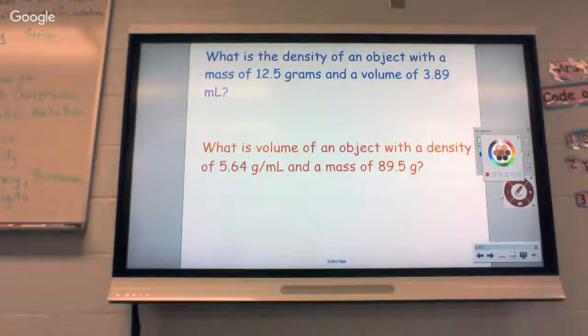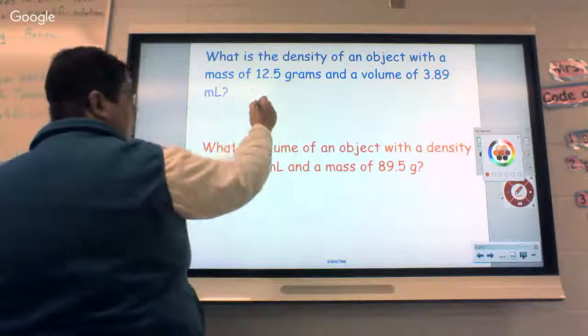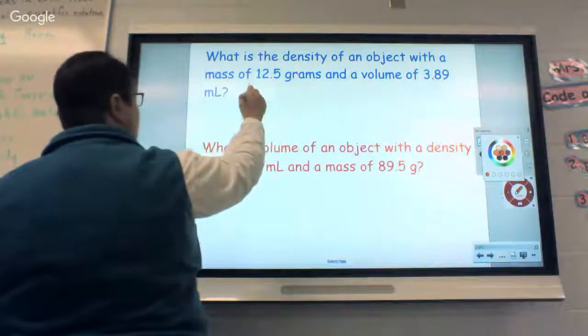What's the density of an object with a mass of 12.5 grams and a volume of 3.89 milliliters? That is as easy a question as you're going to find because all of the information is given to you in the question, and all you have to do is literally plug and chug. So, we're finding density.